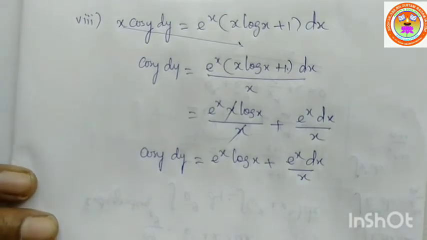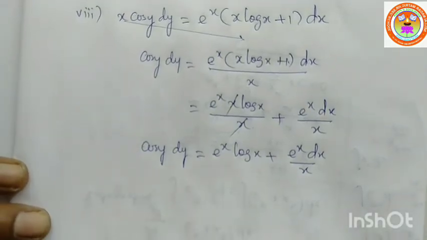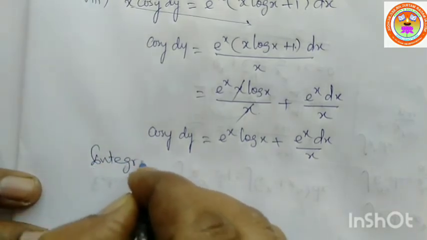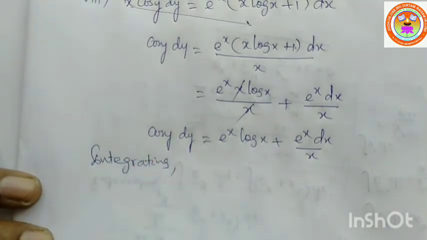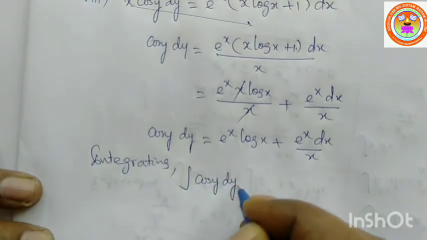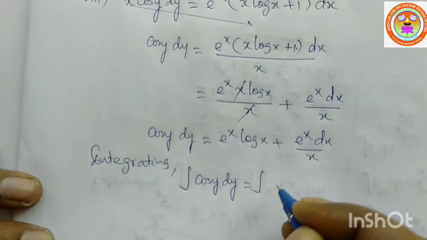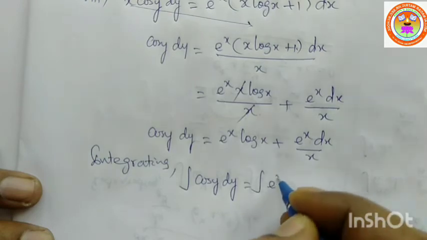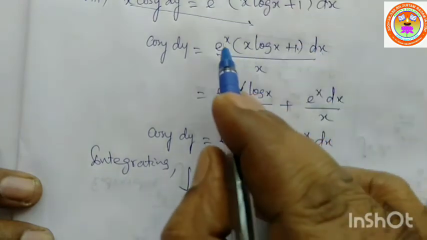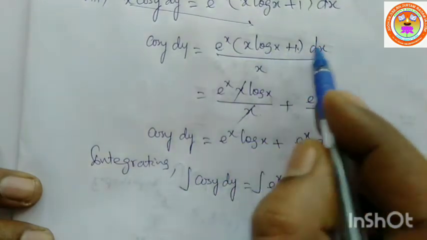Now apply integration. When we are integrating, what will we get? The integral of cos y into dy is equal to the integral of e power x into log x. See here, dx and e power x are common for these two terms, right?